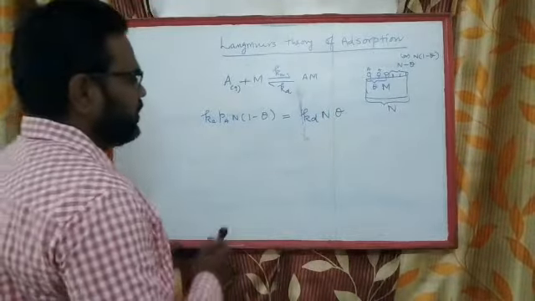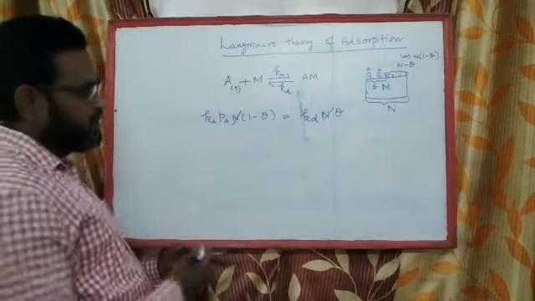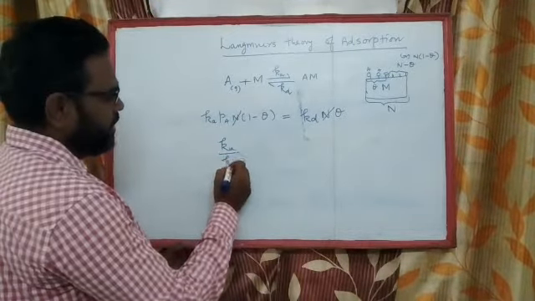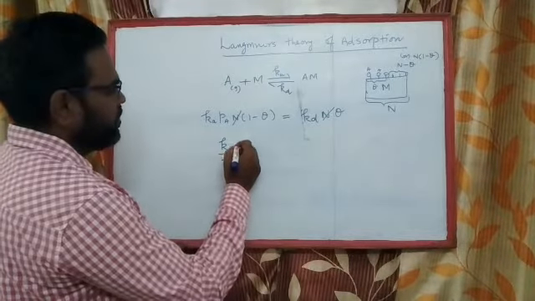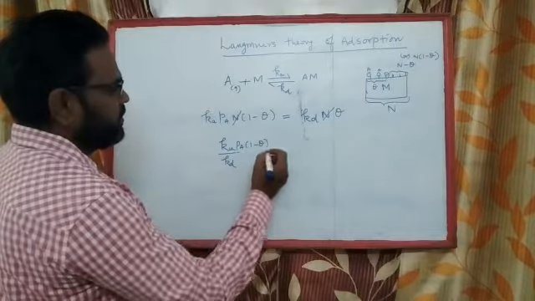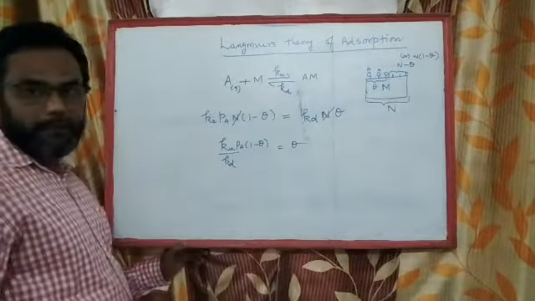Okay, so if I equate these two terms, they cancel off. So I can write Ka by Kd into Pa, into (1 minus theta), is equal to theta.